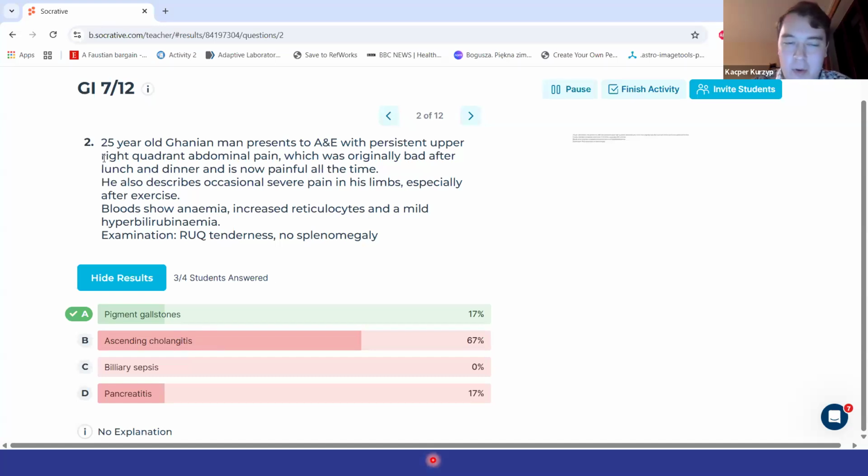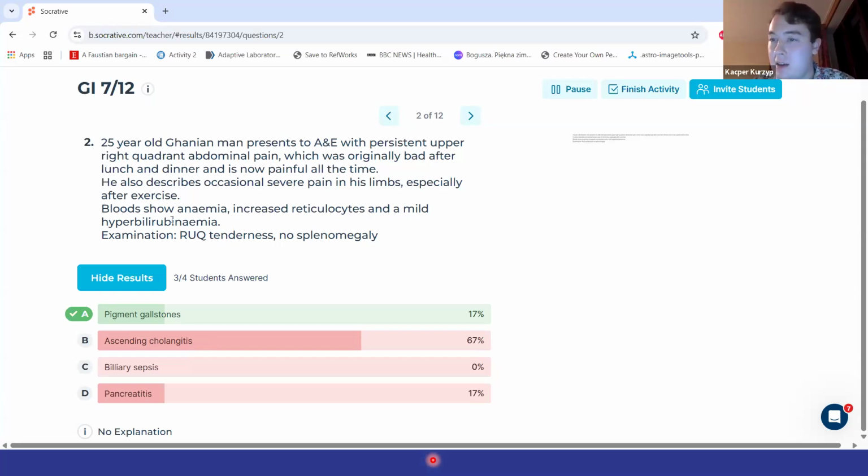So we have our right upper quadrant pain, that's criterion number one. Then we have our second criterion, which is fever. And does anybody see fever? I cannot see any fever. And that's kind of what gives this question away, though we see mild hyperbilirubinemia. So we are thinking that there is some jaundice going on.